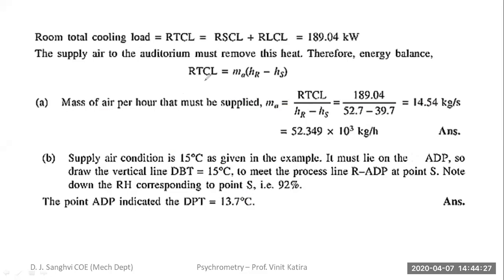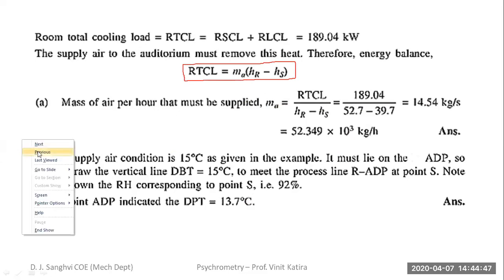That heat has to be catered by the mass flow rate into the enthalpy difference of the supply air minus the room air. For that you will have to locate those 2 points.